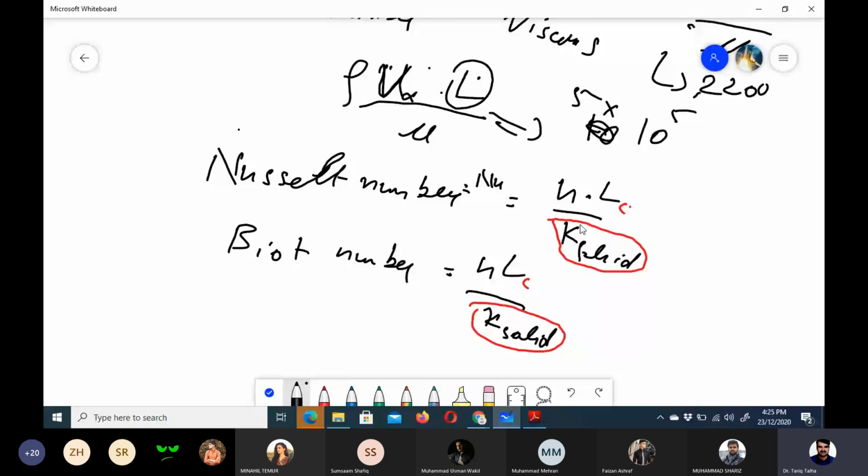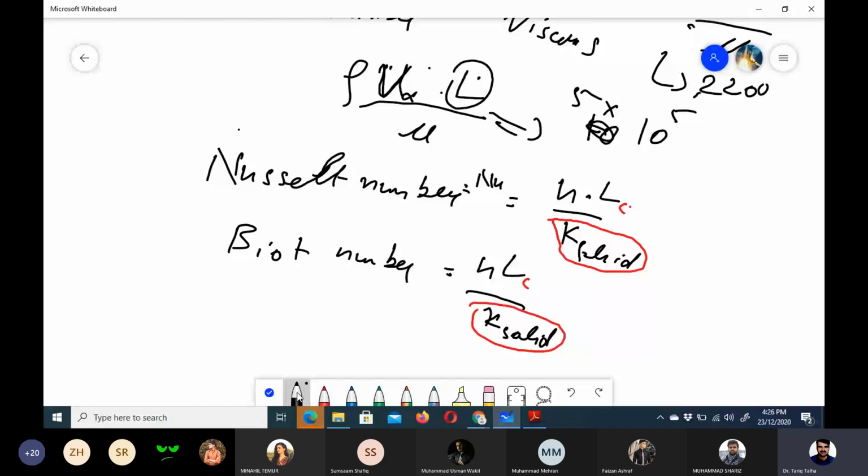While doing experiments, we usually want to work with non-dimensional variables. So for heat transfer, we non-dimensionalize h with the help of the Nusselt number.